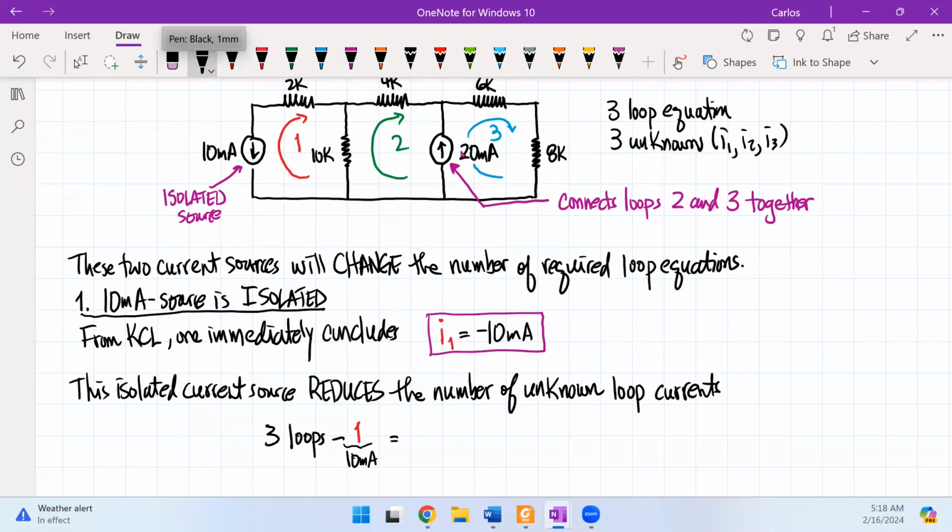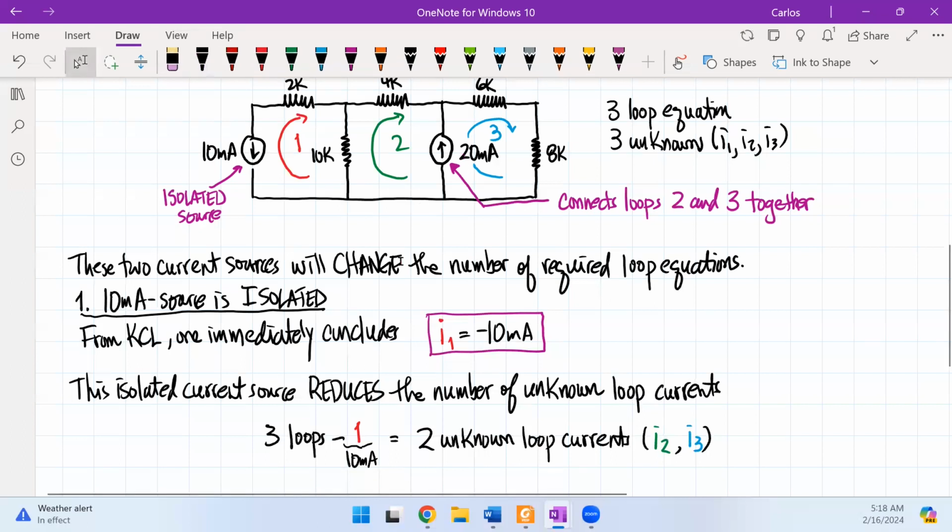And so now, instead of 3 loops, we now have 2 unknown loop currents. The currents I have are I2 and I3.